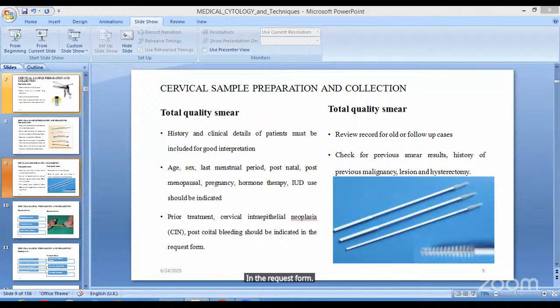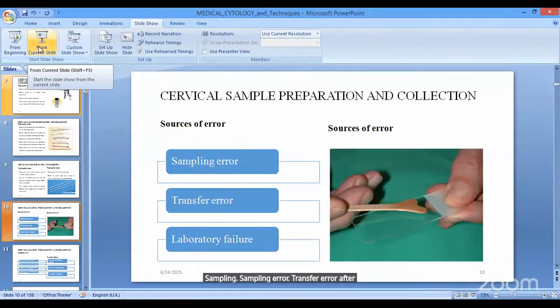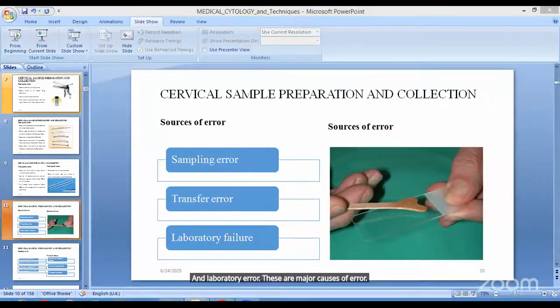If there is going to be error, the error will emanate from sampling error, transfer error after collection, and laboratory error. These are major causes of error, and we should ensure that no error is allowed at those points or processes of handling of those specimens.